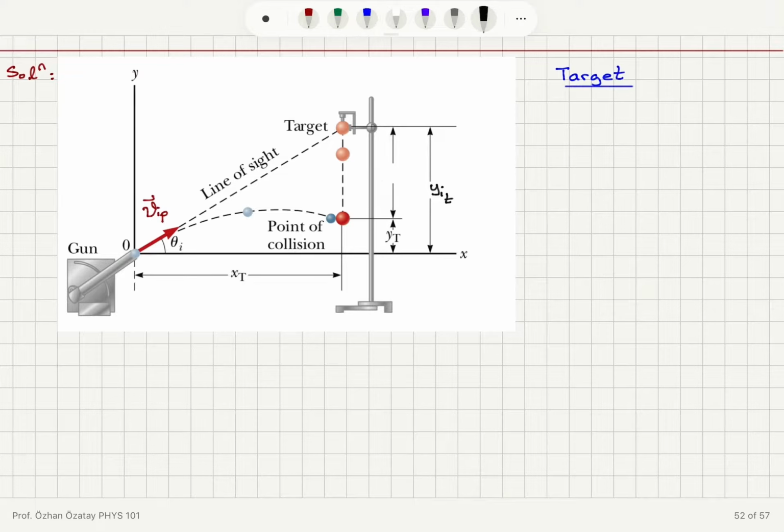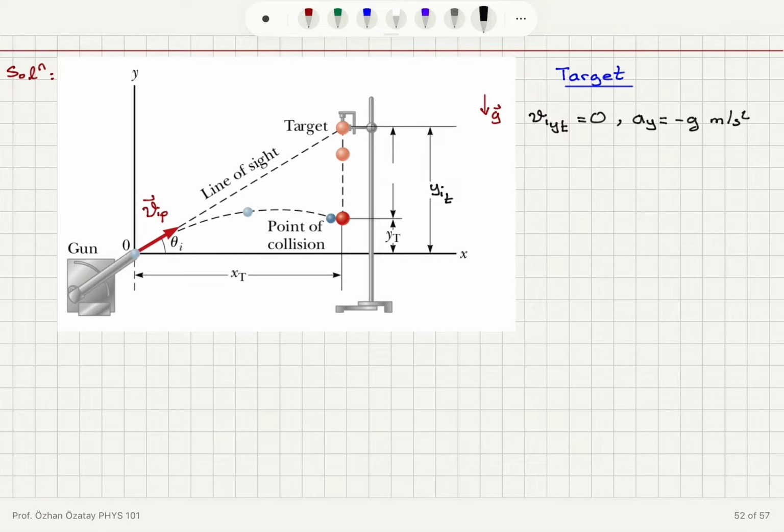So the target has no initial velocity. The initial velocity y component of the target is 0 because it is released from rest, but it has a y component of acceleration, which is the gravitational acceleration, minus g meters per second squared. So we are in a gravitational field. Gravitational acceleration g is pointing down.